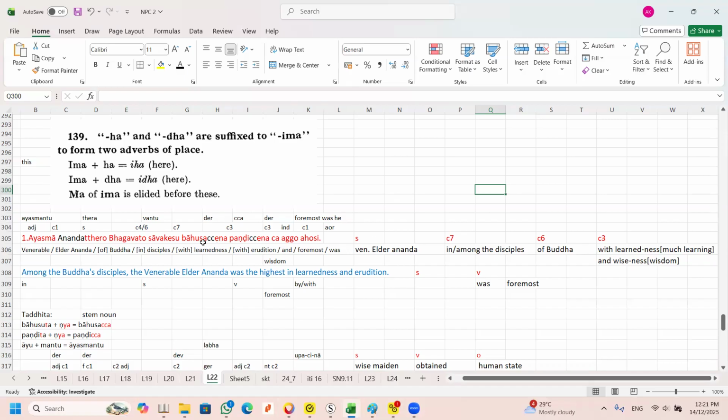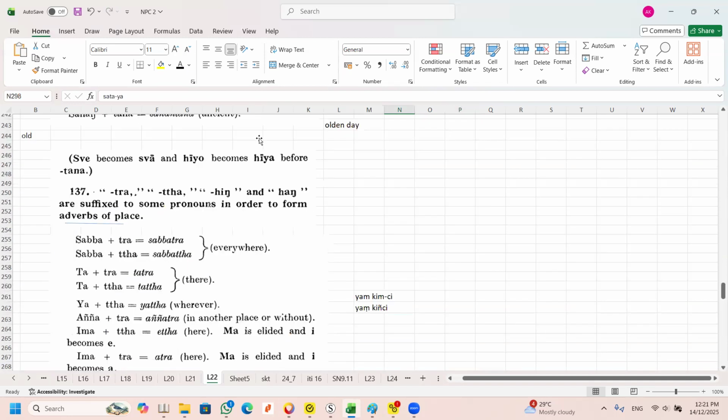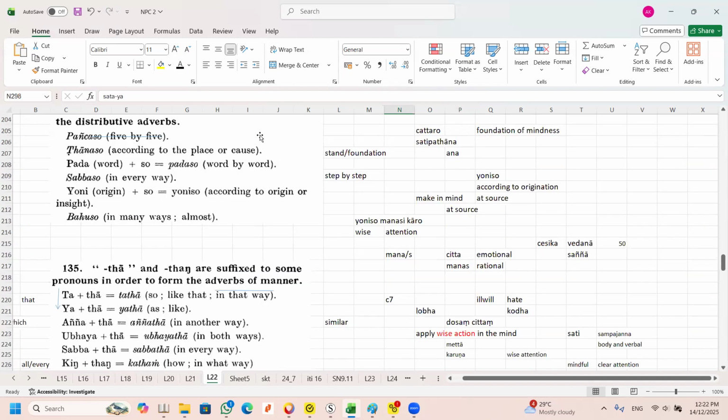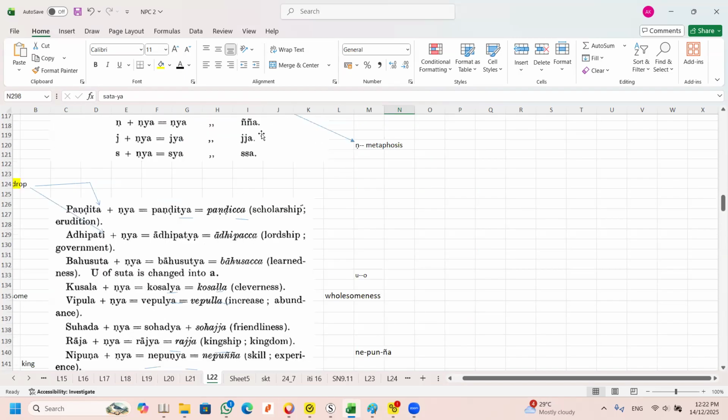Then the word is, this is S T S, this is STA plus YA, something like that, if I'm not mistaken. So that means this is learning. Technically, if you look here, there is a TTYA somewhere here.